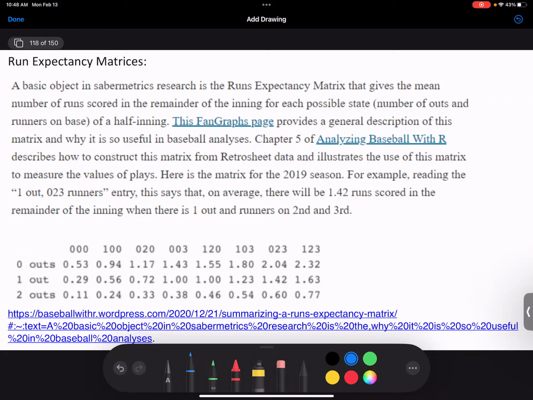Because each inning starts off with bases empty, no outs. That can happen multiple times. But if I want to figure out, at the end of the day, every inning starts off like that. So I claim that this should actually be the expected number of runs scored in an inning. I want to calculate all the transition probabilities.